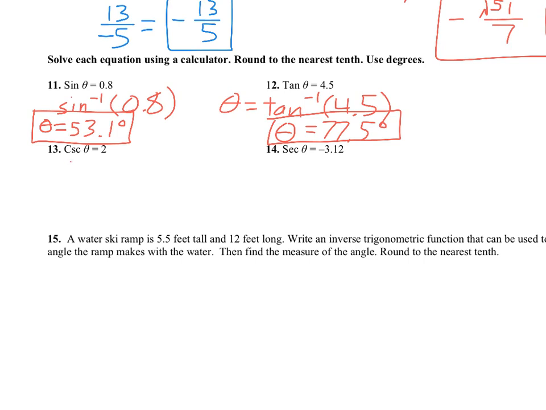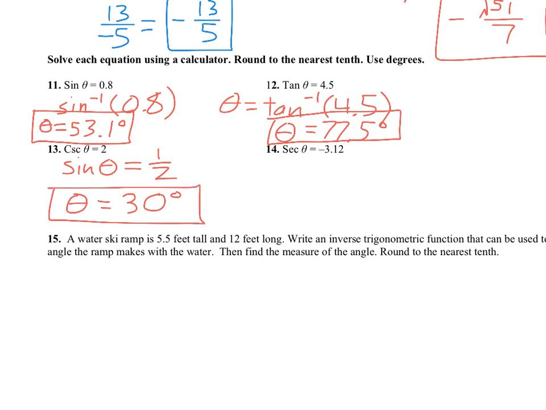So what I'm going to do for this problem is change it, since I don't have a cosecant button on my calculator. If cosecant theta equals 2, then sine theta has to equal the reciprocal of 2. And now just do inverse sine of 1/2. So type second sine, and then put 1/2 in parentheses, and you get, you actually don't need a calculator. You should know that at 30 degrees, sine equals 1/2.